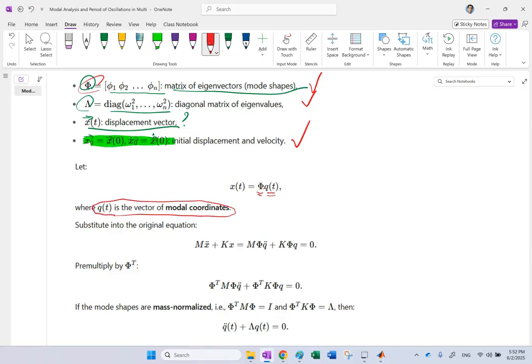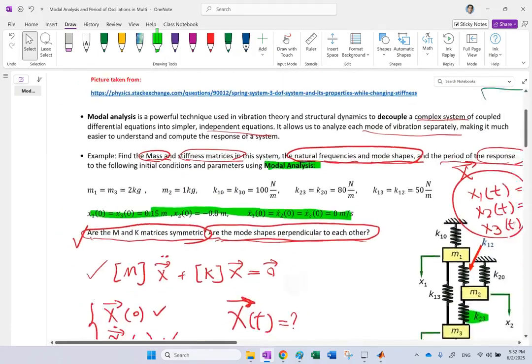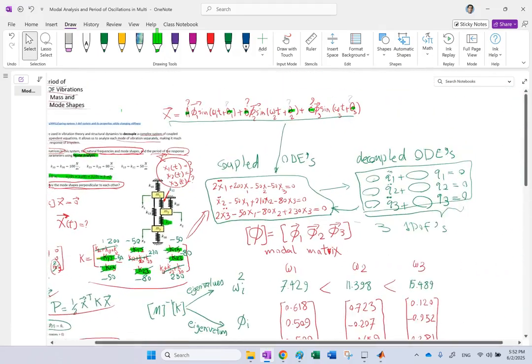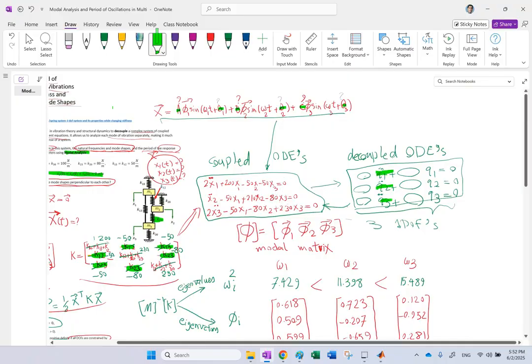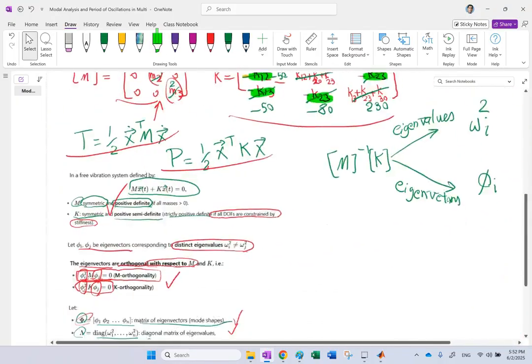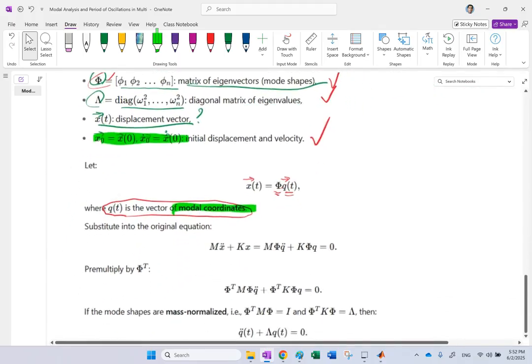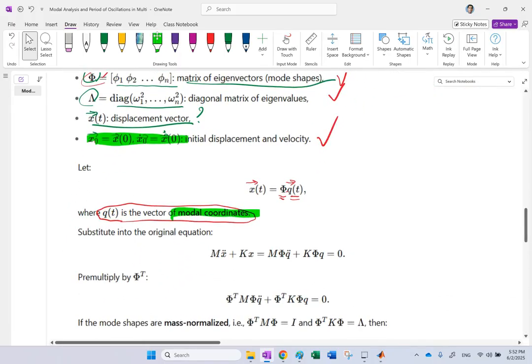So instead of x, which was the standard coordinate that we used, this q is what we call modal coordinates. These are the coordinates in which the ODEs are separated, are basically decoupled. Now, I claim that the way to get these modal coordinates is through this transformation. I'll show you why this transformation does work.